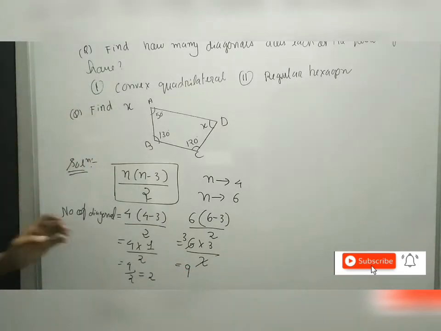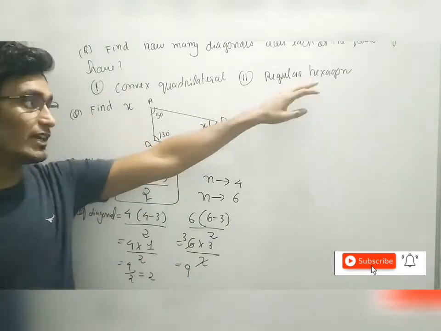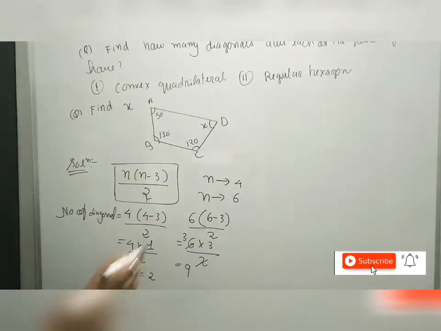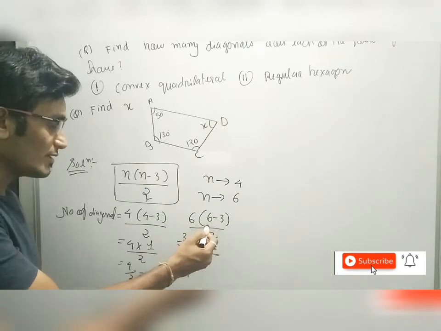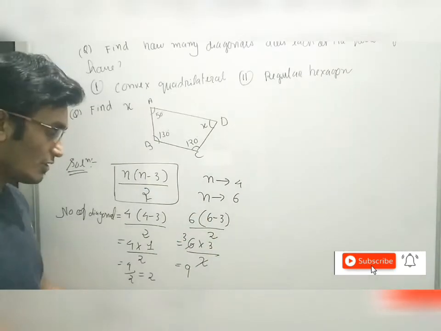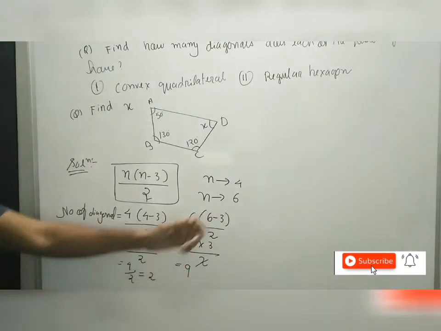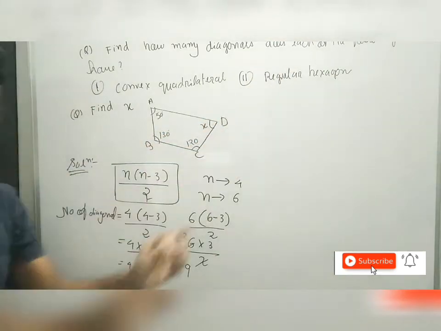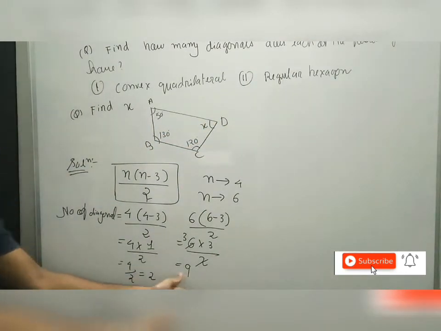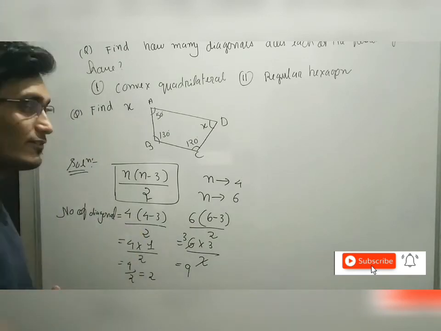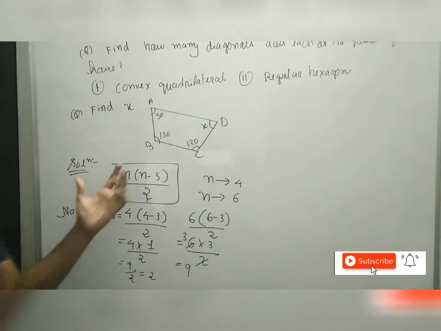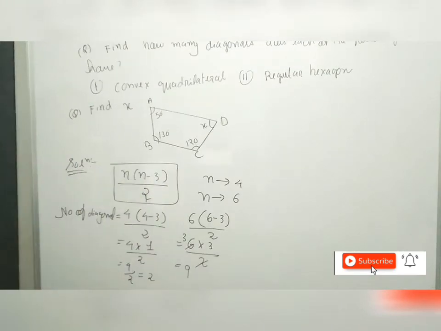After putting n equals 6 and doing the calculation, we get 9. A regular hexagon has 9 diagonals. This is the way through which we can easily find the number of diagonals of a regular polygon.